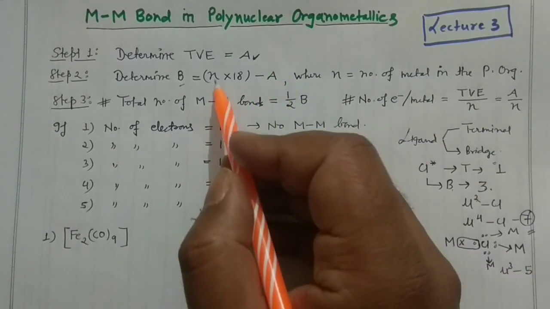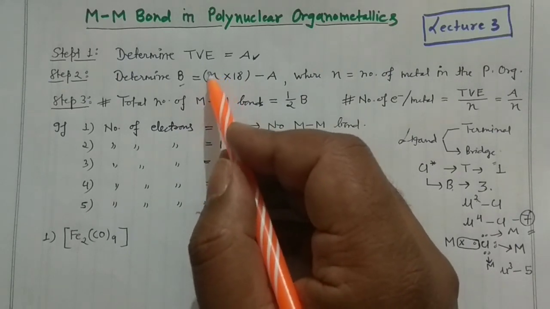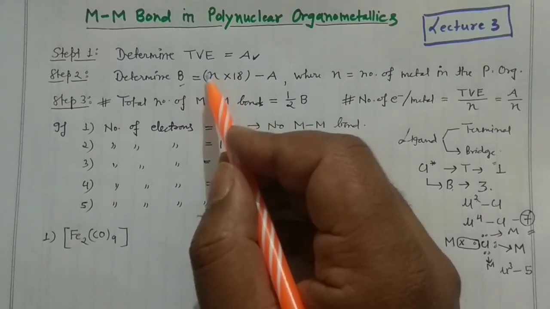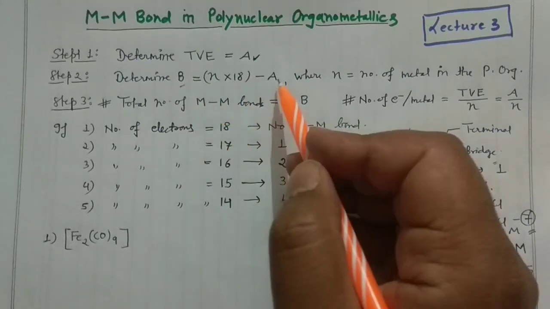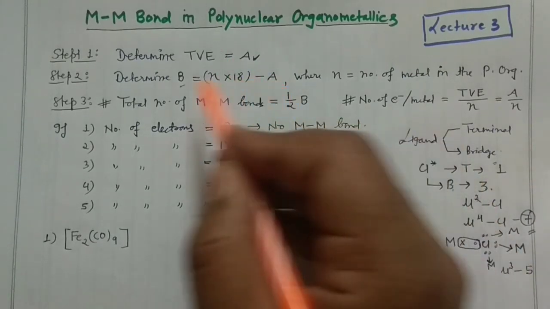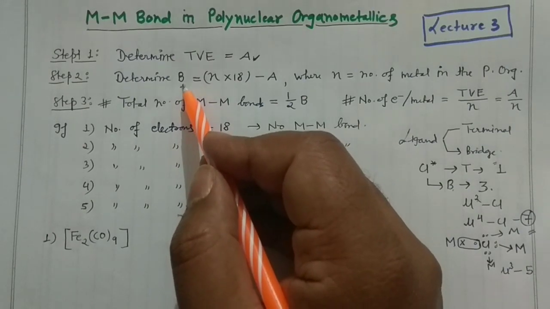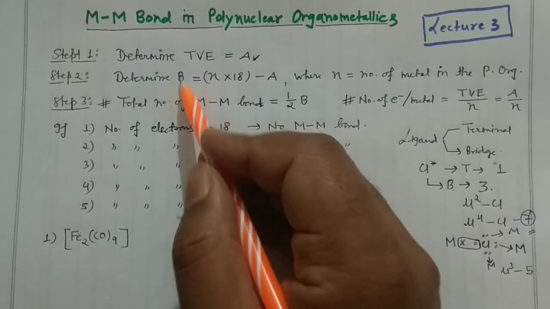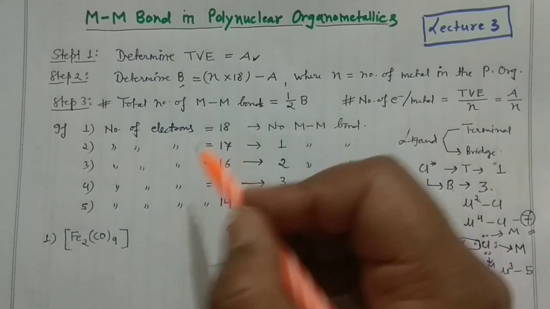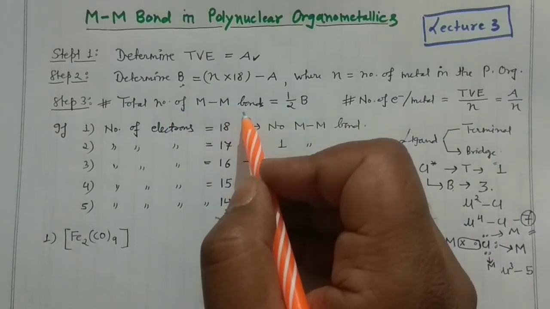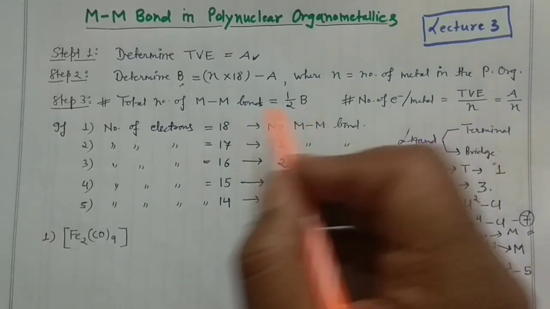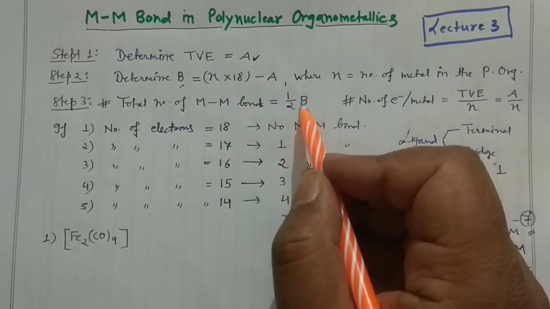Okay, and N is what? The number of metals present in your polynuclear organometallic compound, and A is the total number of valence electrons. This will give you B. Once you get B, if you divide that B by 2, then you will have the total number of metal bonds. So half of B will give you the total number of the metal bonds.